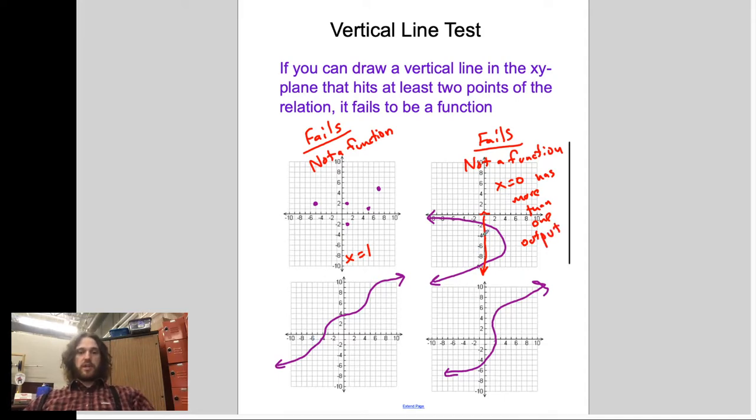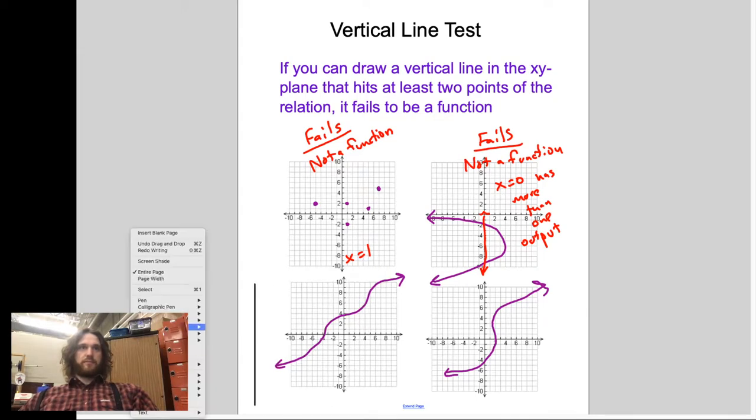Now let's take a look at this one down here. Is it possible to draw a vertical line, the arrows don't count, that travels through more than 1 point? Okay, it gets pretty close right there, but it doesn't look like you actually get fully vertical. So there is no vertical line that we can see on our graph that will cross in 2 places.